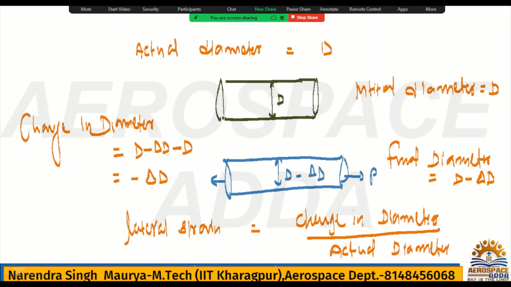So the lateral strain is the change in diameter, taking the magnitude only, delta D by D, the actual diameter.